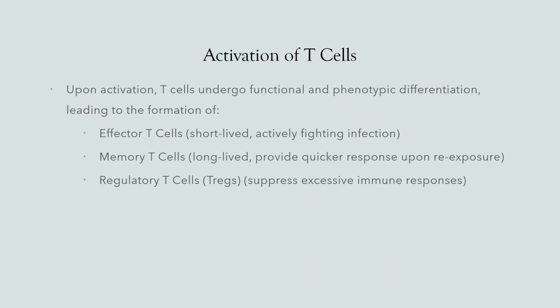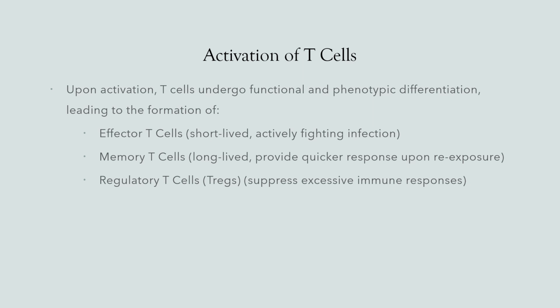So what happens when these cells are activated? They undergo functional and phenotypical differentiation. They have a number of changes that make them different. They start to express different proteins that are not present on the naive cells, and they also secrete various cytokines.